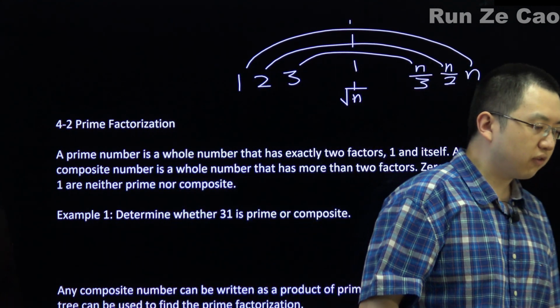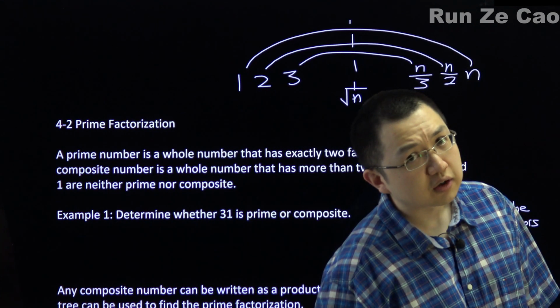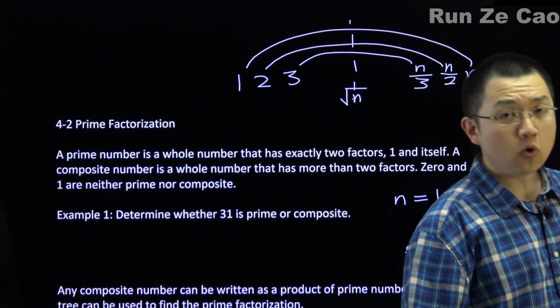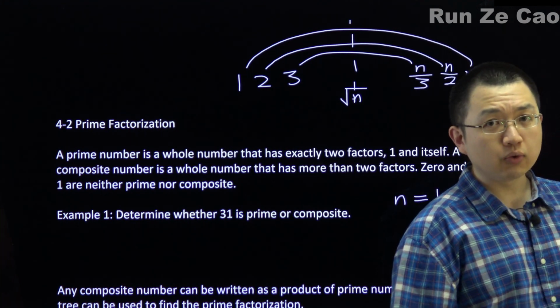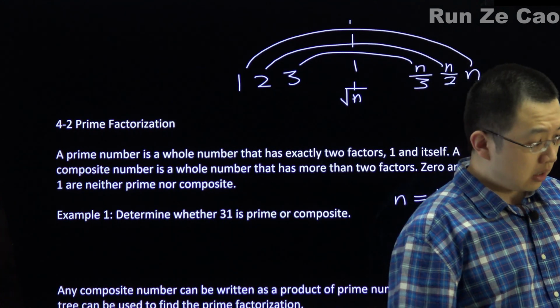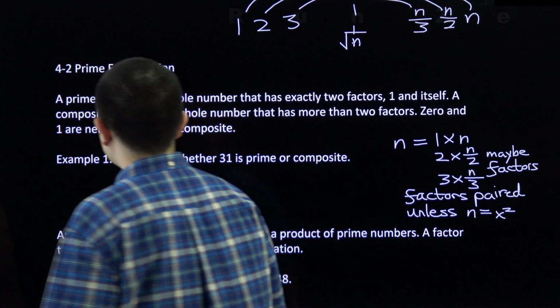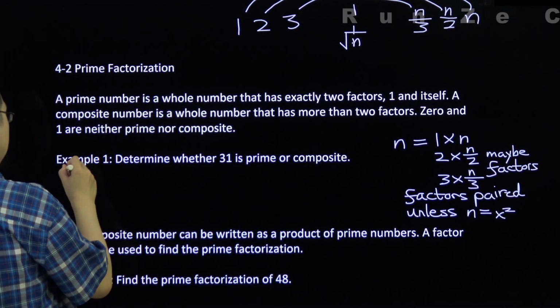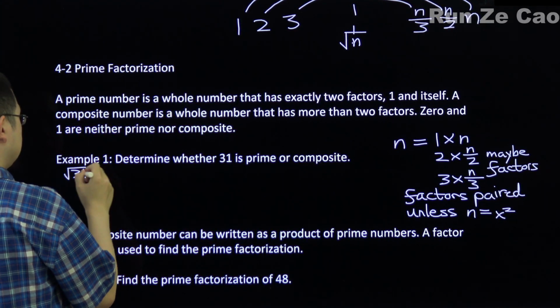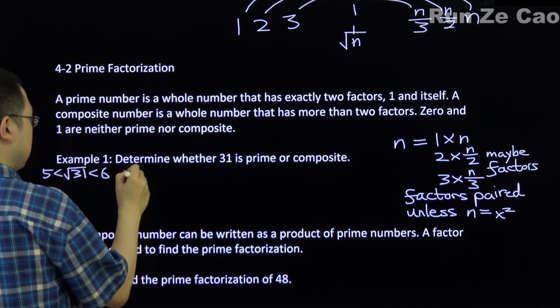So what's the square root of 31? Well, it's between 25 and 36, so the square root is between 5 and 6. Okay, then. Square root 31 is between 5 and 6.